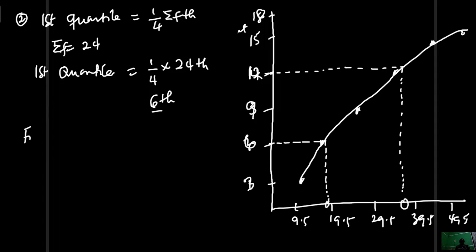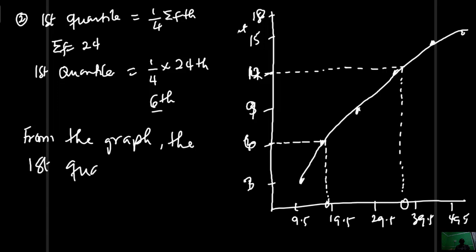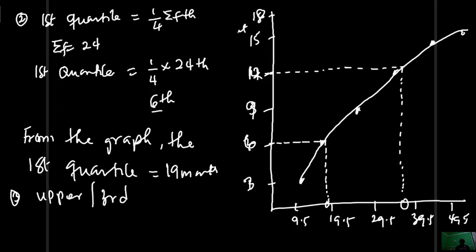So you write that from the graph, the first quartile is equal to, let's say, 19 marks. Good. So first quartile is 19 marks. Then the third one, upper or third quartile, which is 3/4 sigma f position.